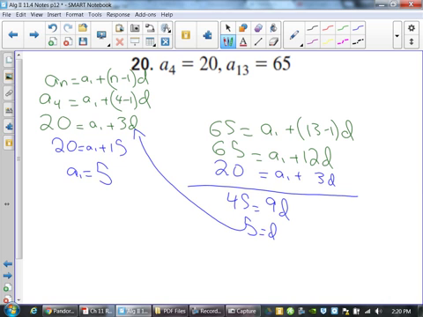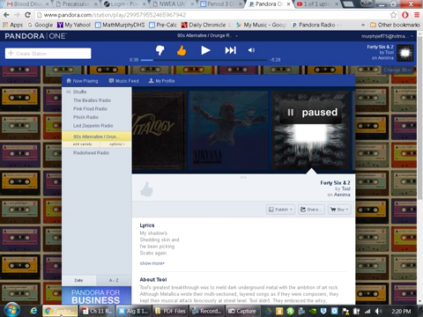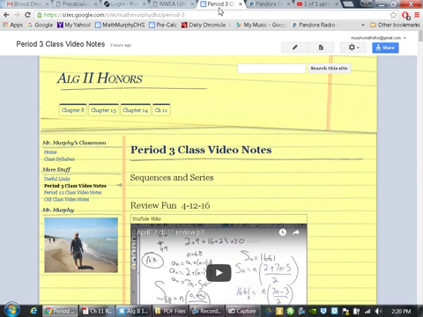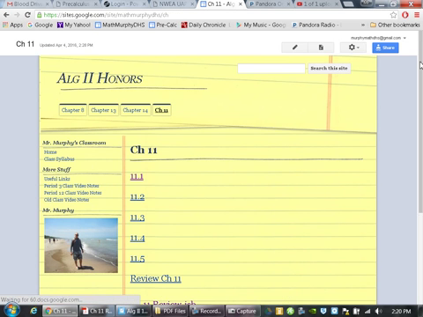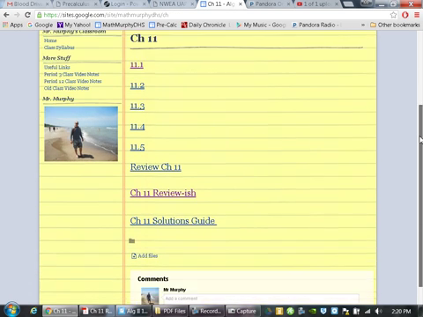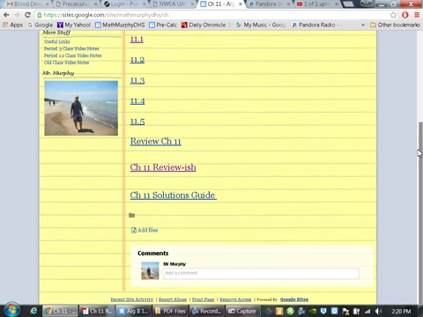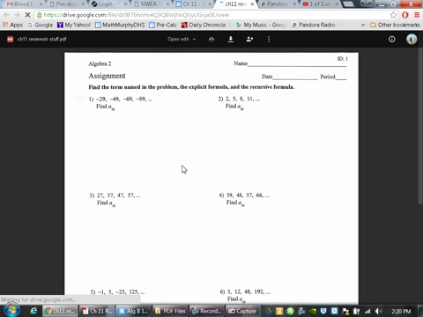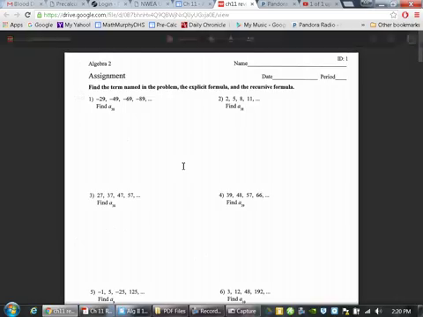When you go back online, in the chapter 11 stuff I have a tab of the review-ish things. The problems are basically the exact same thing that we've been doing, except they're written ever so slightly different.